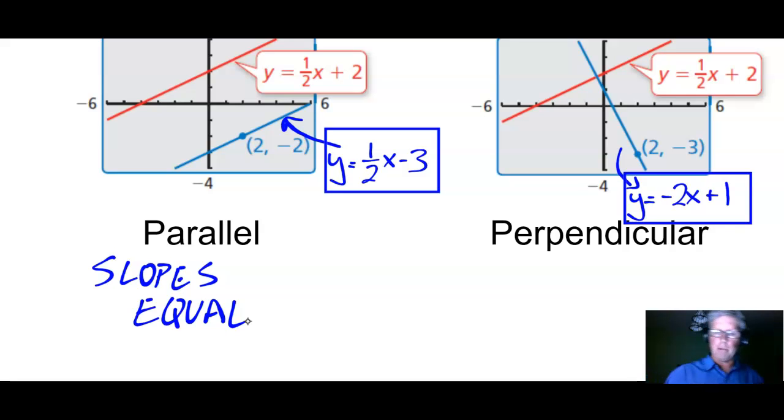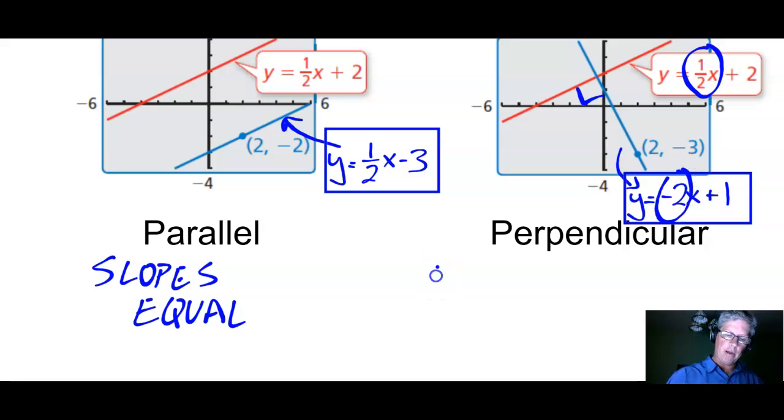Now notice when we have perpendicular lines, we do indeed have 90 degrees, but there's something cool about the slopes. And that's what we're going to discuss today: what do we know about the slopes of perpendicular lines? If you just look real quick, that slope is 1/2 and that slope is -2.